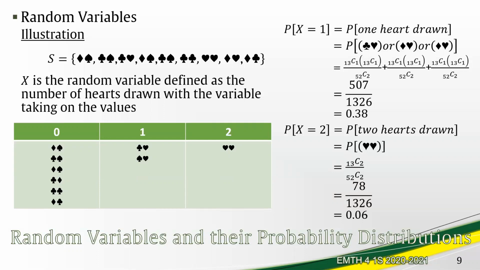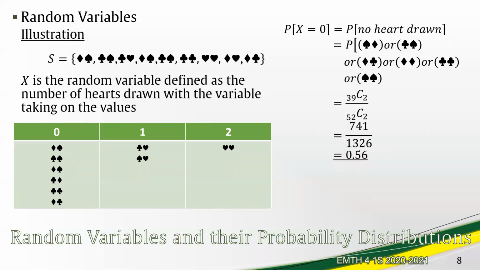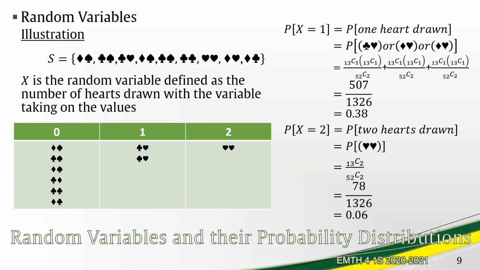For the probability of x equals 0, that is 0.56. What we can see now here is the tendency of the actual draws almost relating to the value of the eventual probability of the event of drawing 2 cards and looking for 2 heart cards.